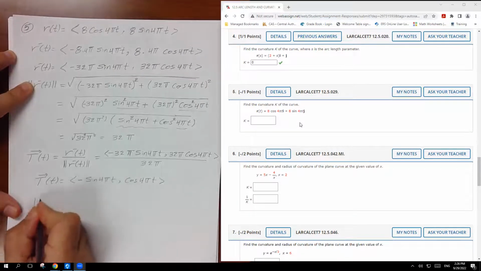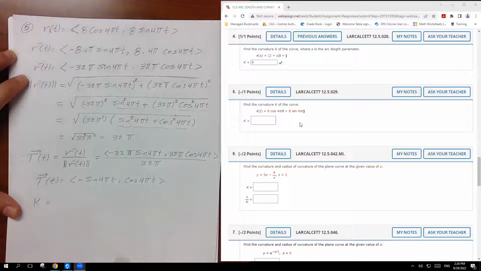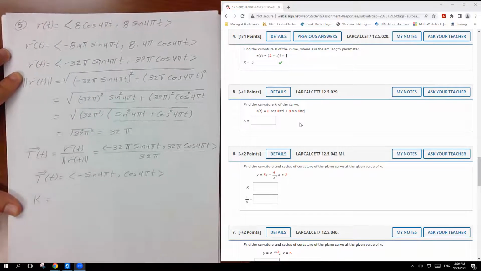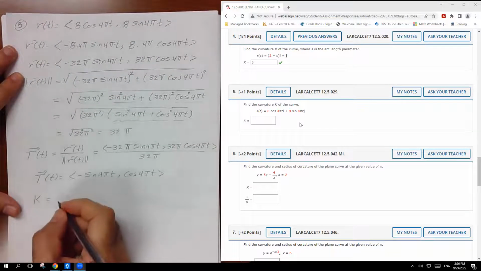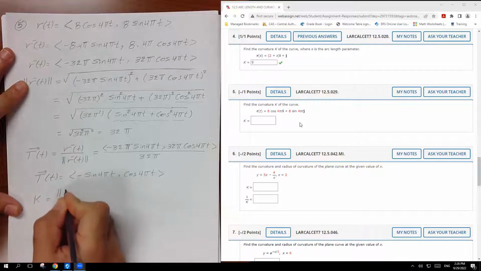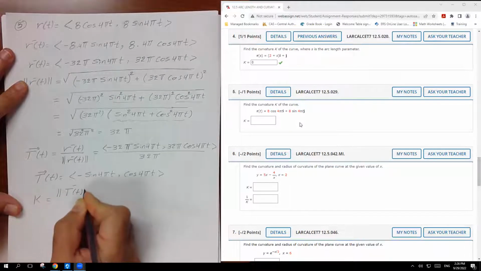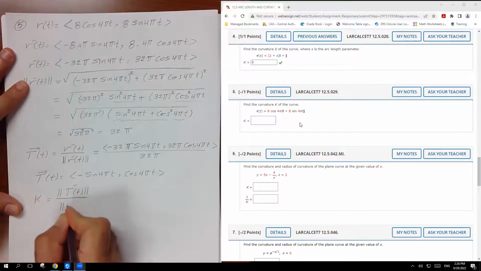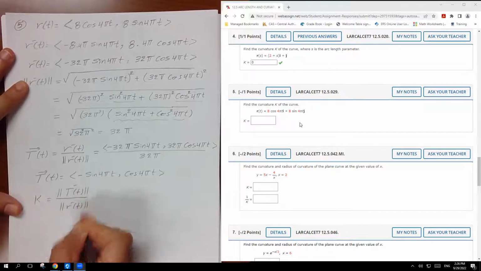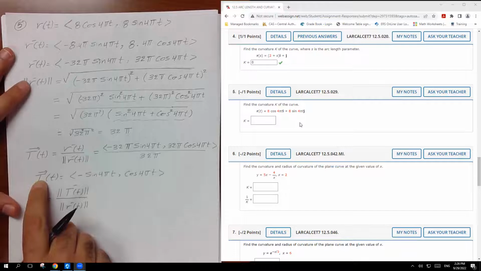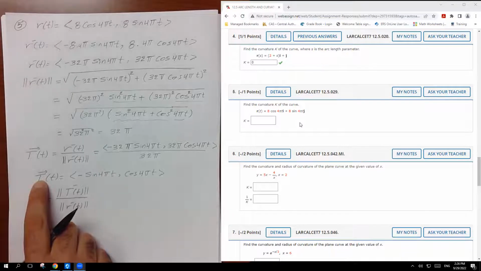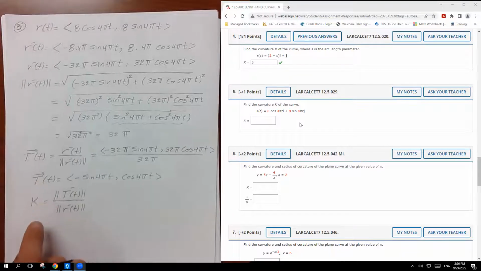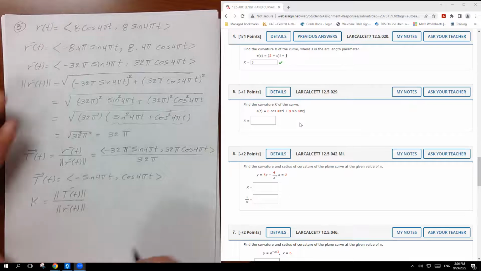Then the curvature is going to be the length of the tangent prime over t divided by the length of r prime over t. We didn't find the tangent prime, so we have to find the tangent prime first so we can use this rule. Here we go. Let's find it here.